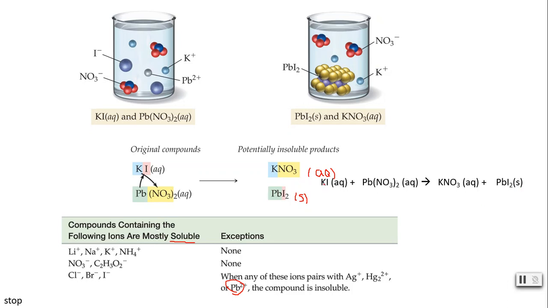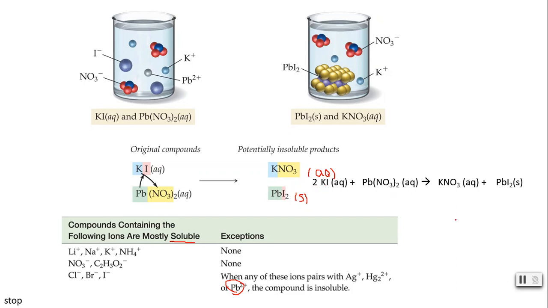I have 1 potassium here, 1 potassium here. I have 1 iodide here, and I have 2 iodides here. So the only way I can get 2 iodides on the left here is to put a 2 in front of the KI. So I now have 2 iodides, but I also have 2 potassiums.